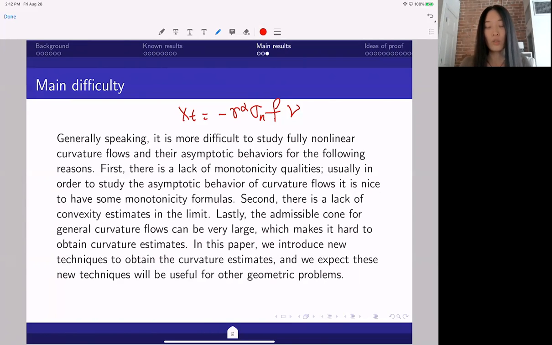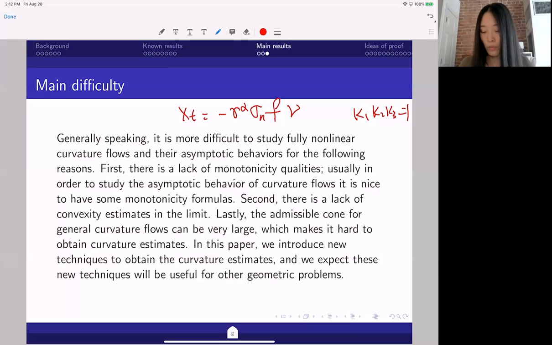But in general, the cone is large. For example, for scalar curvature, we can have some curvatures positive and some negative. That makes it harder in the sense that, for instance, if we start with the Gauss curvature, which is kappa_1 kappa_2 kappa_3 equals 1, right?